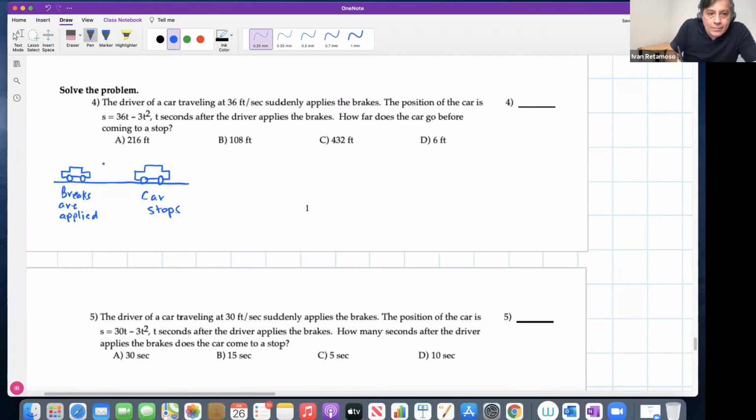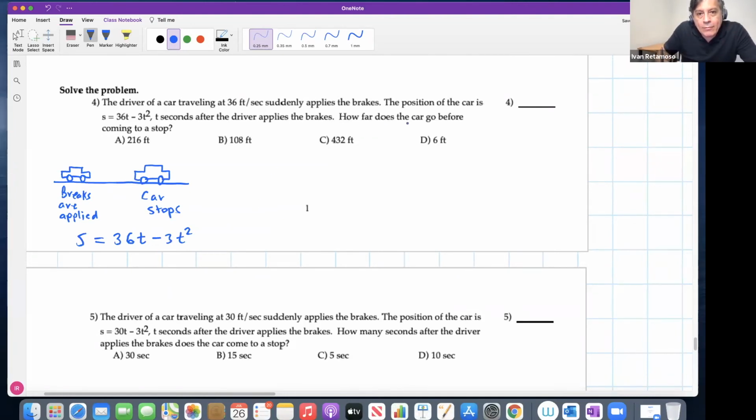All right, so then they're saying, right, that the position from here to here is controlled by this function, 36t minus 3t squared. They're trying to figure out what is this distance, right?